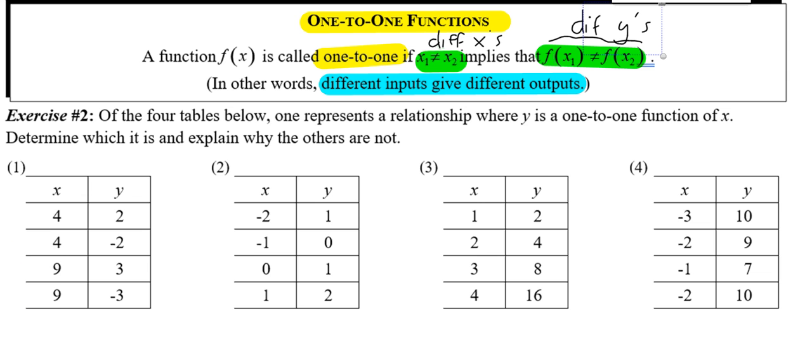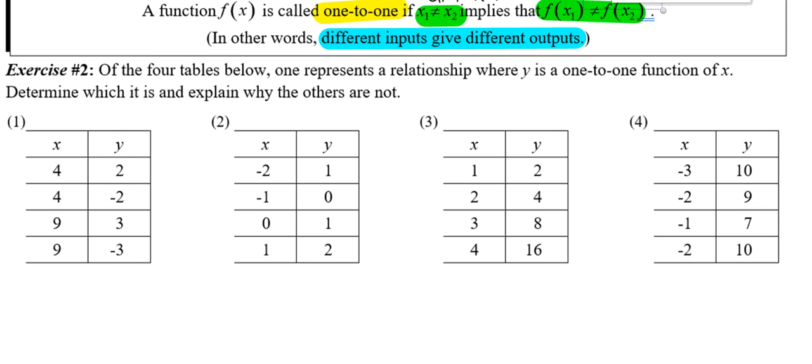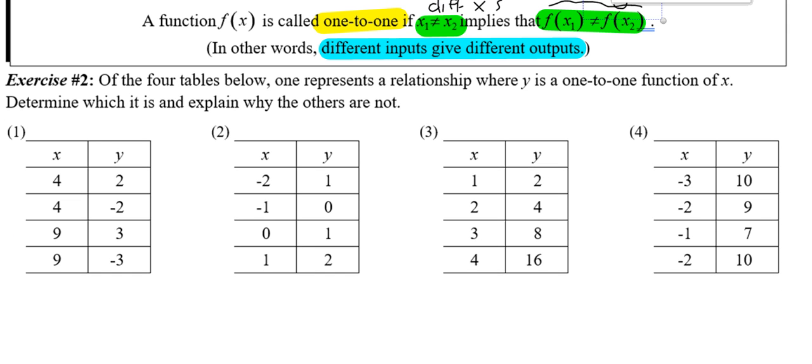So let's go ahead and look through some things that deal with one-to-one functions. Exercise number 2 says, of the 4 tables below, one represents a relationship where y is a one-to-one function of x. Determine which is and explain why the others are not. Remember, a one-to-one function means that you have different x's and also different y's.